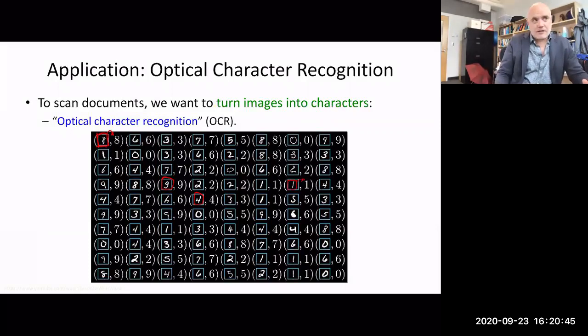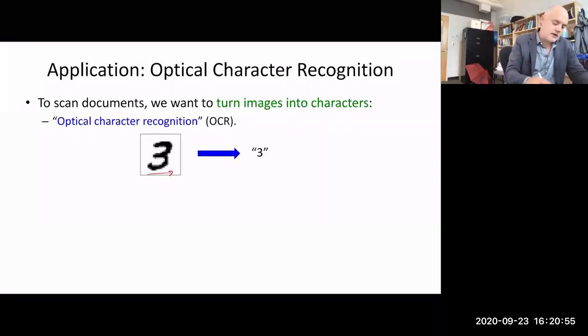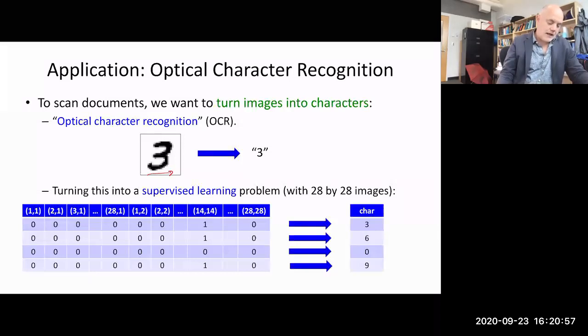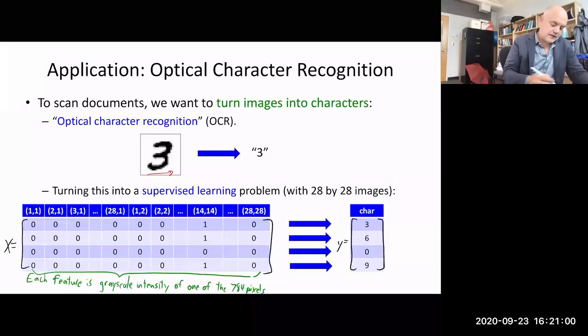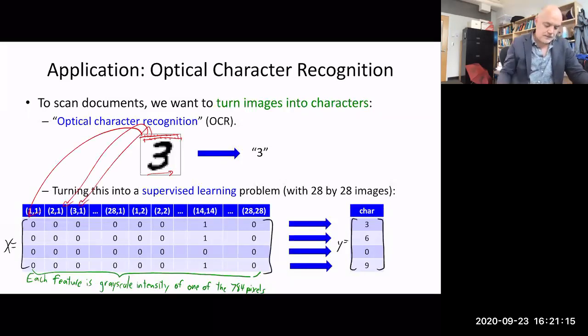So first of all, how do we actually do this? The supervised learning problem is we take an image, or some featurization of this image, and predict a label for it. One way to do this is to construct your data matrix by extracting the grayscale intensity, or here black and white, doesn't really matter, of every pixel in the image. If we have 28 by 28, I think it's 784, the total size of the feature space.